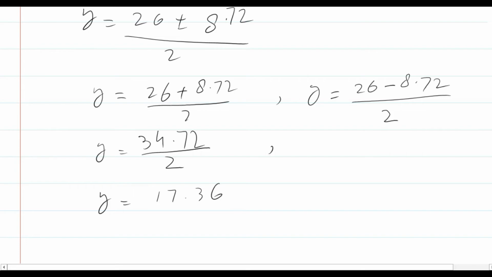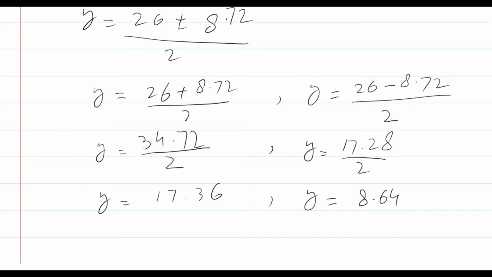And y is equal to 17.28 over 2, which is 8.64. Now we have got two values of y, and we can find out the value of x by putting these two values of y in equation 1.